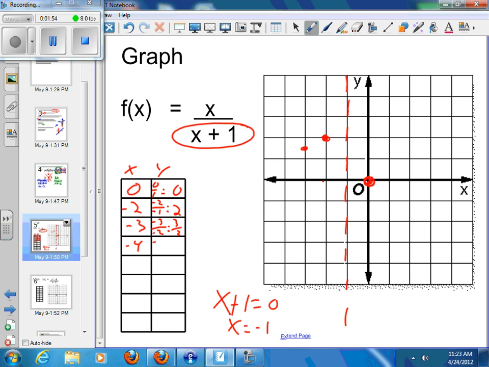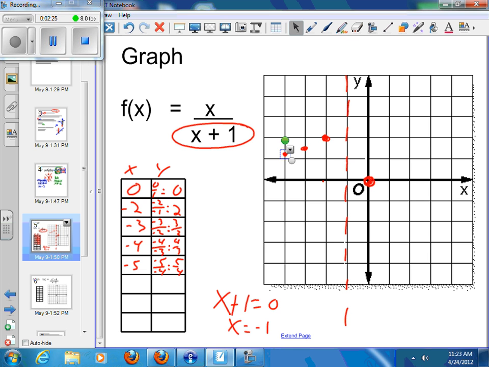So that's going to be negative 4 over negative 3, which is 4/3. 4/3 is 1 and 1/3. And negative 5 would be negative 5 over negative 4. So that's going to be 5/4, and I'll move my point up just a little bit here.